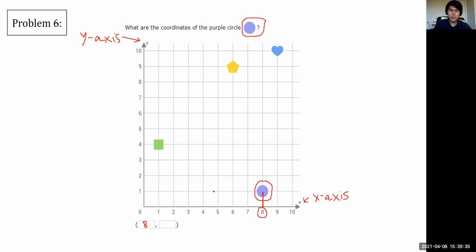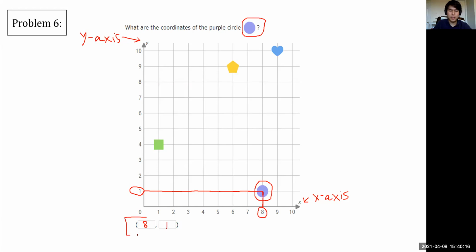And now we shall find the y-coordinate of the purple circle by starting from this purple circle and then drawing a straight line horizontally all the way to the left until we reach the y-axis, and we get a number of 1. 1 is the number on the y-axis that directly corresponds to the position of the purple circle on this coordinate plane, which means that the y-coordinate of the purple circle is 1.